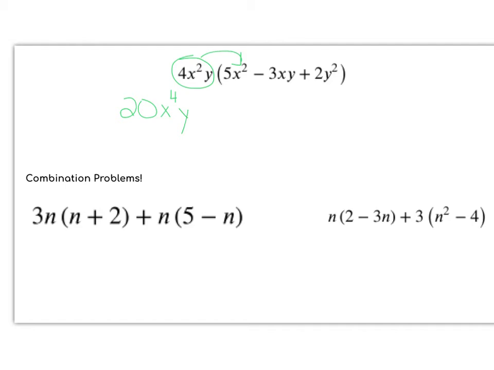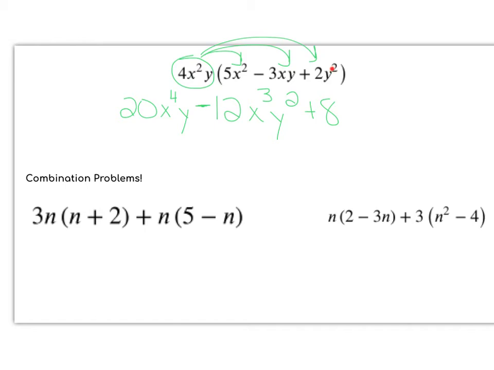Then I'm going to do 4x squared y times negative 3xy. So 4 times negative 3 is negative 12. x squared times x is x cubed. And this time I have y times y, and so y times y is y squared. Then I'm going to do it one more time. 4x squared y times 2y squared. 4 times 2, that's a positive 8.